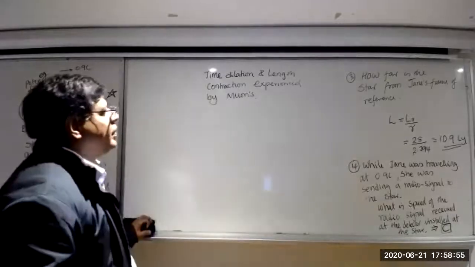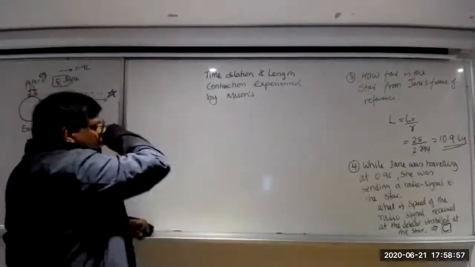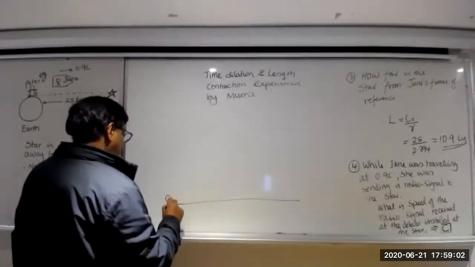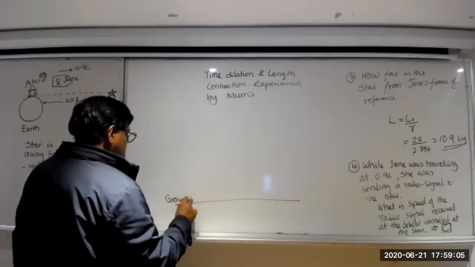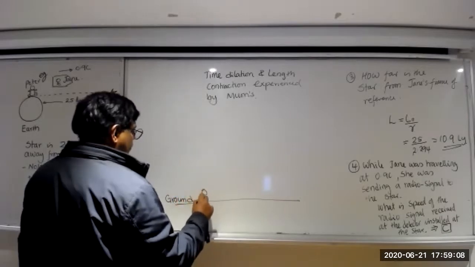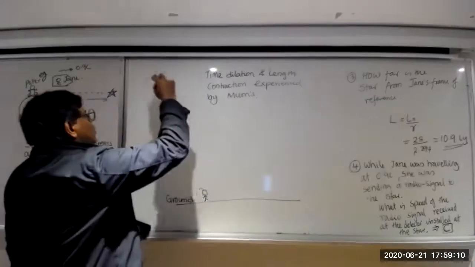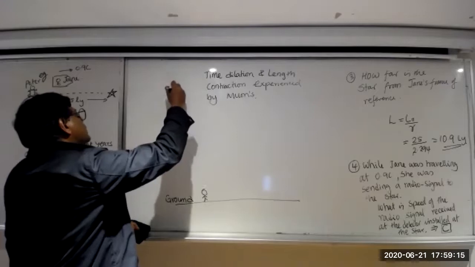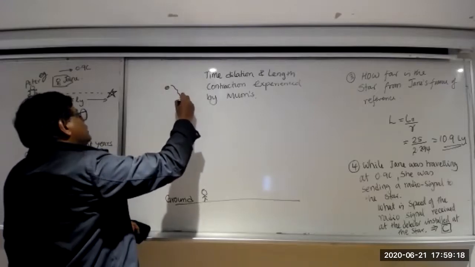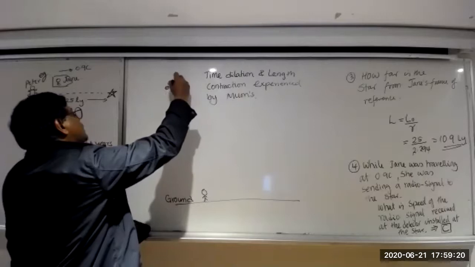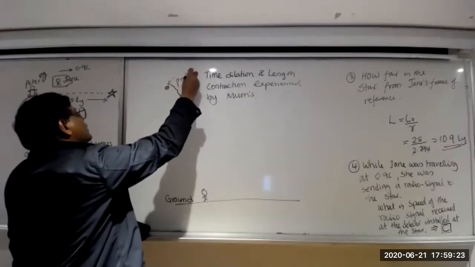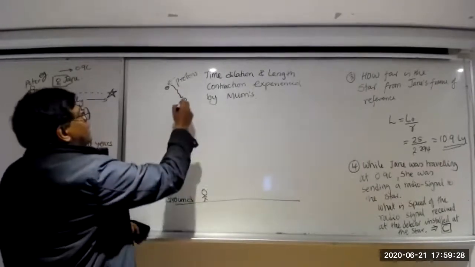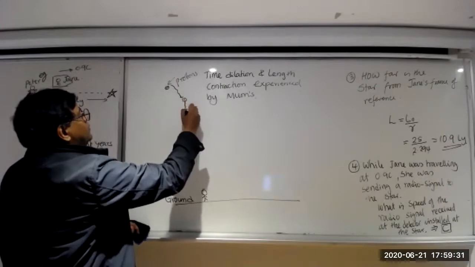The muons are subatomic particles, very tiny. So this is the ground. The muons coming from outer space, not muons actually, the heavy protons or some heavy elements come and collide with air molecules in the atmosphere, and that's where the muons are produced.